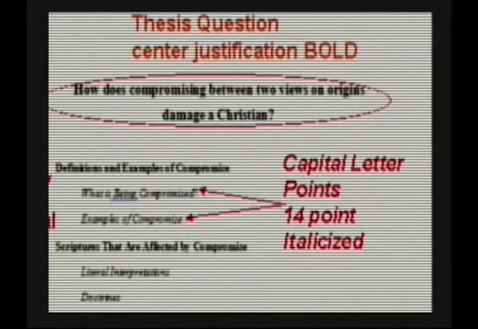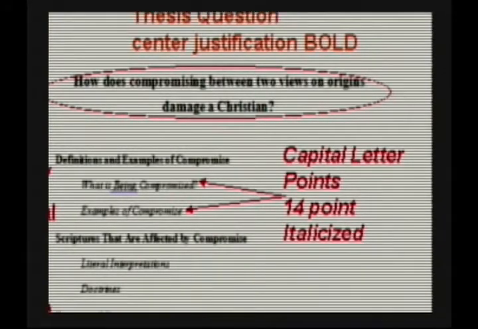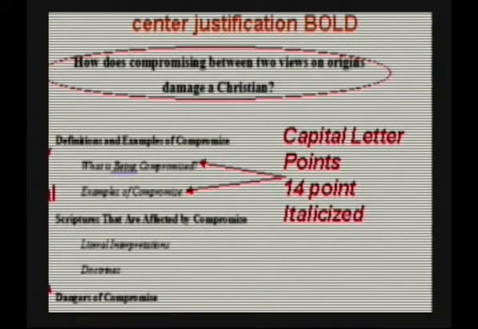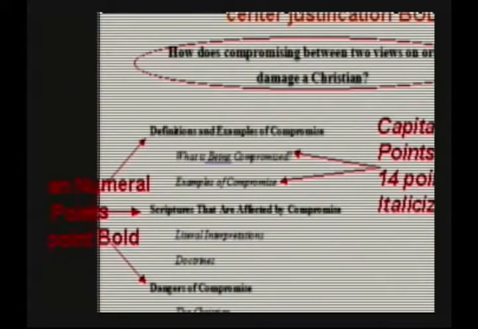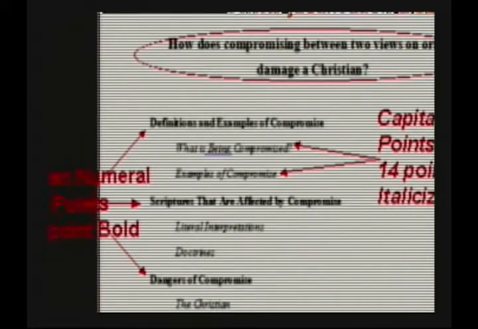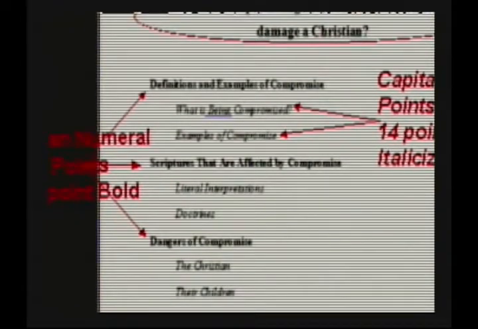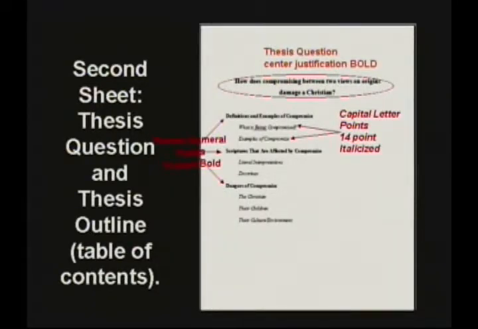That means that as you wrote and refined your detailed outline and changed your Roman numeral points to either read better or to work differently, then you're obligated to go back into the thesis outline and change it so that it's a one-to-one correspondence, okay? I do not want different Roman numeral ones here in the content outline, and then look at your paper and you've got totally different Roman numeral outline points.